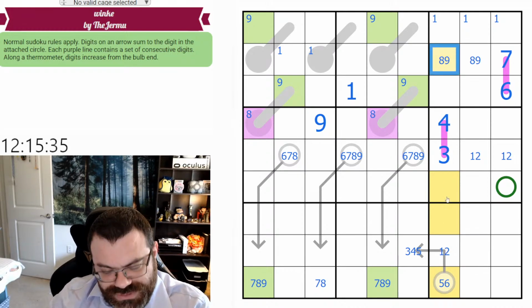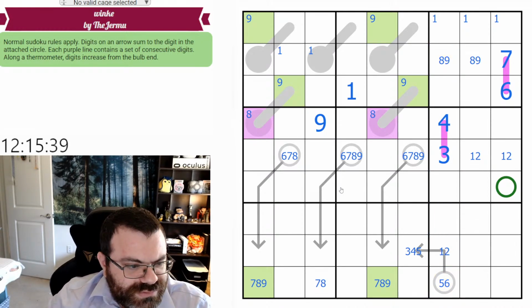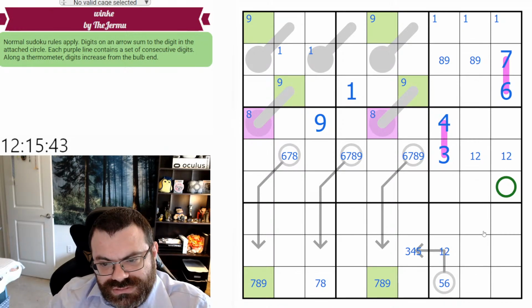I'm not sure if I should be even looking at this column. Where's the 1, 2, 5 triple? I don't get it.